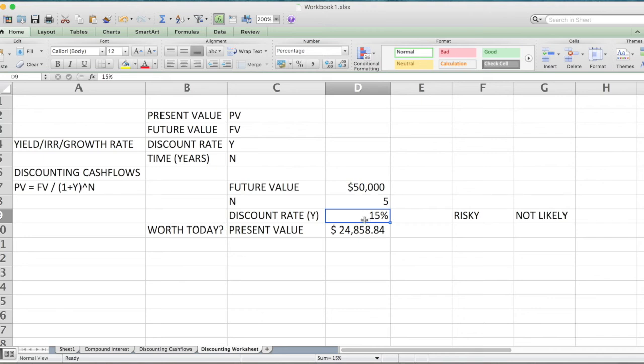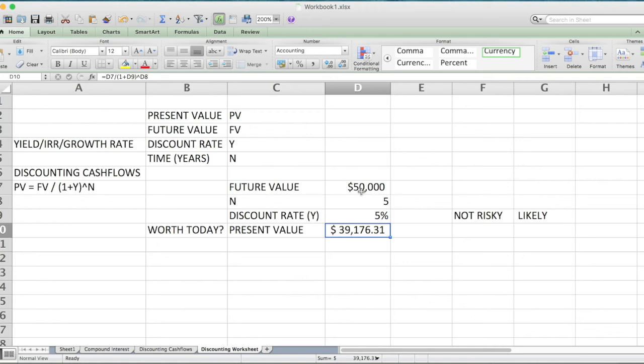I'm going to say, well, maybe it's just a 5% discount rate. A lower discount rate essentially means it's not risky. Let's change it to not risky and likely, and I'll change this then to 5%. Boom. The $50,000 in the future is worth $39,000.